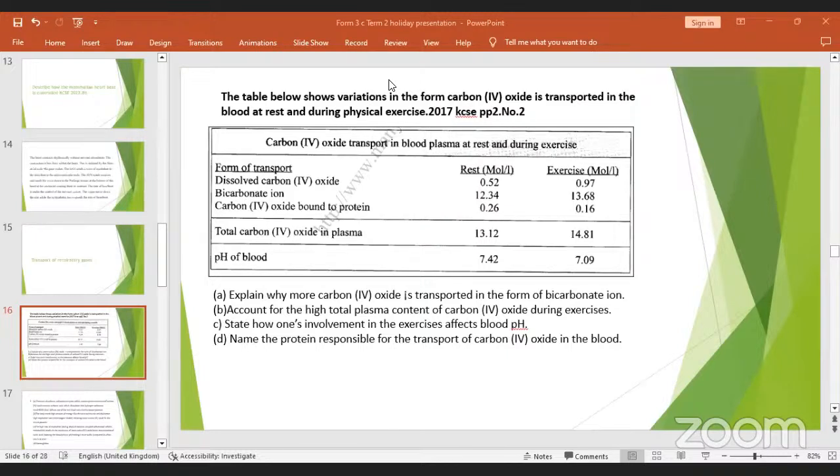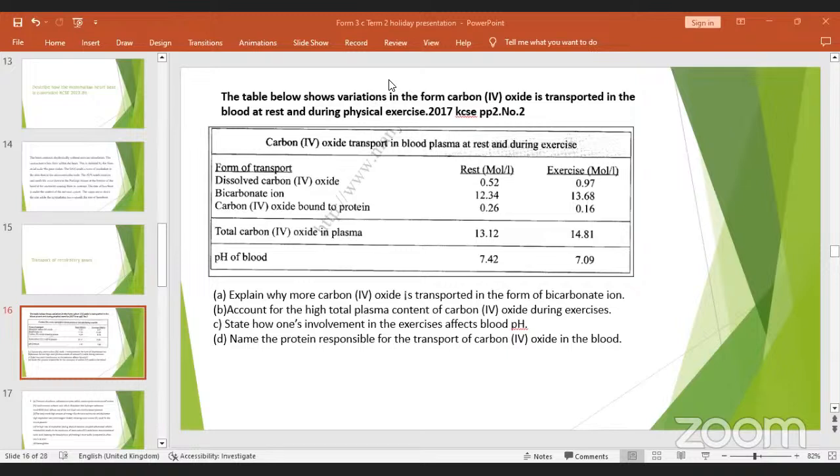Now, in the process, anaerobic respiration produces a lot of carbon dioxide. You remember that experiment that we always do, where you have lime water on one side and anaerobically respiring yeast on the other side.